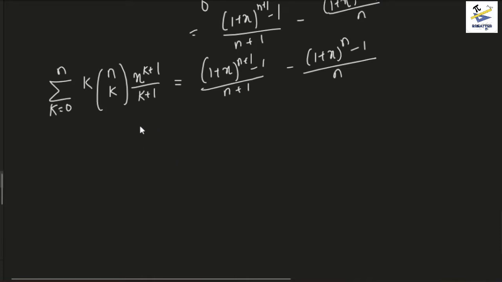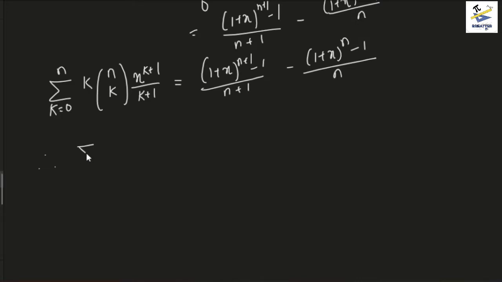And thus, dividing by x both sides, we get... So we are going to prove a very useful identity. We are going to divide by x both sides, and we are going to put x equals to 2.